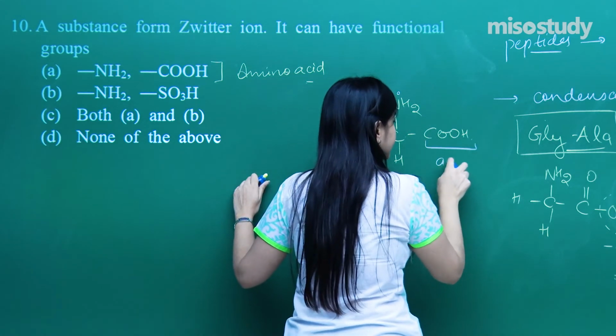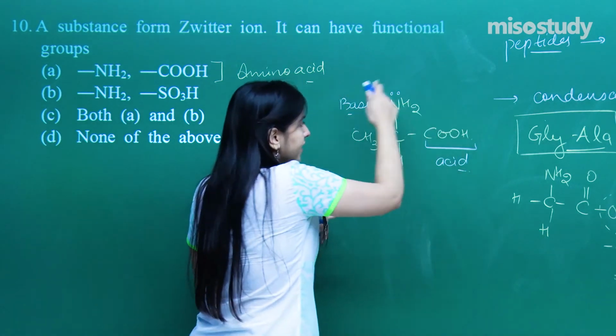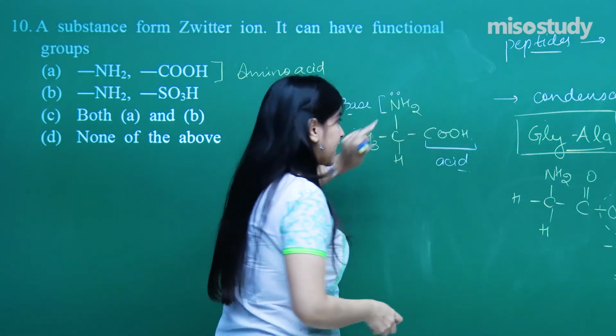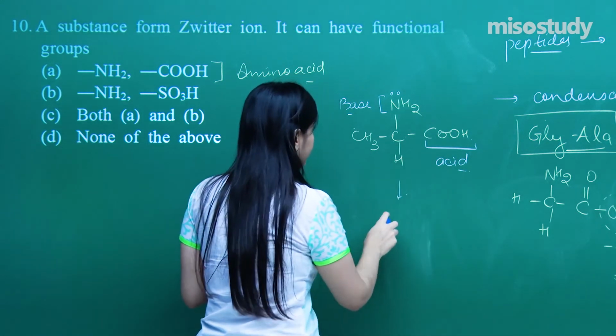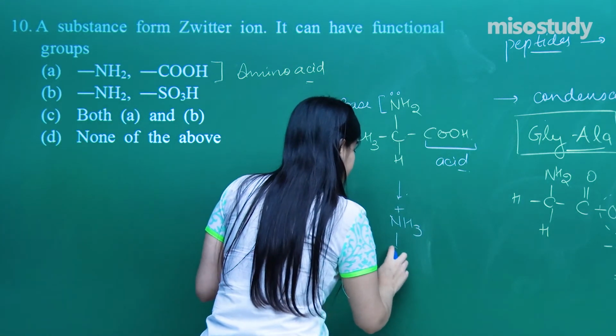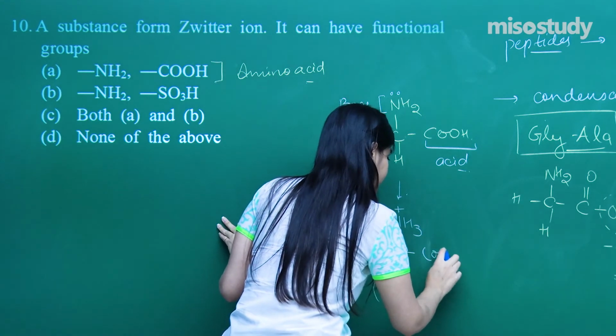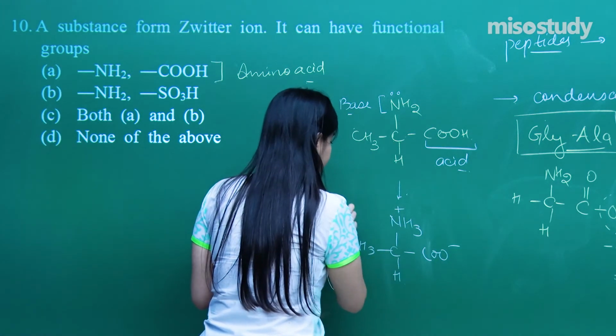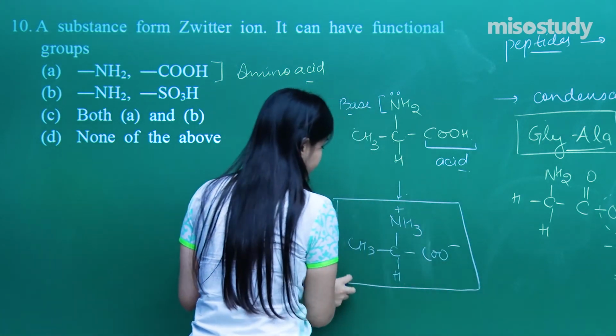That is an acid, that means it can donate its proton. Where does the proton go? Onto these electrons. So what kind of an ion do we get? We get a Zwitter ion over here. That would be somehow like this, having positive as well as negative charges.